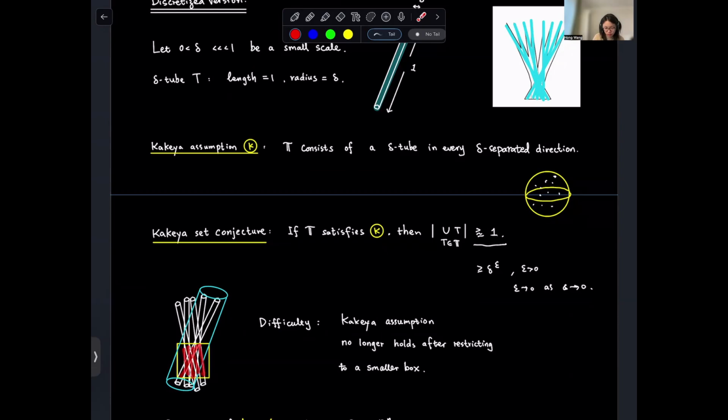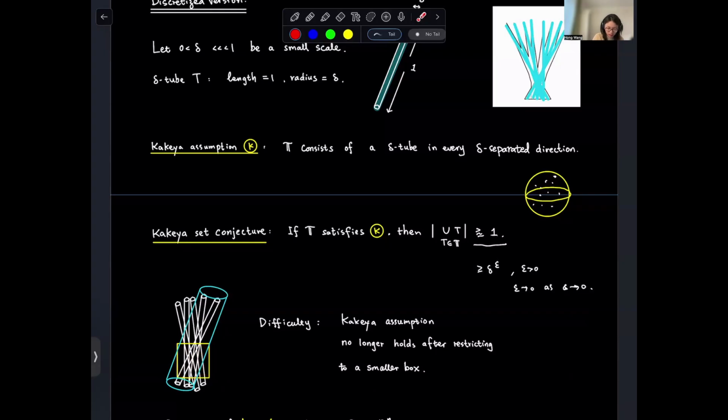But we hope to say something about the union of those tube segments and then combine the information in each small box to get the information of the Kakeya set. However, the tube segments in the small box do not necessarily satisfy the corresponding Kakeya assumption. So we cannot really apply induction for the union of tube segments in this small box.